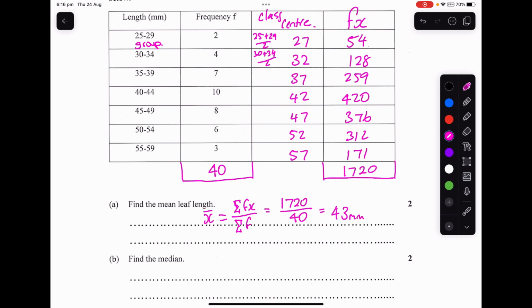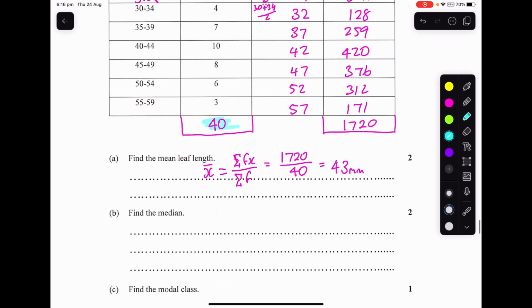So the mean leaf length is 43 millimeters. Now they've asked us to find the median. Well, we know that we've got 40 scores. So if we take 40 and we divide that by 2, we get 20. So our middle scores are going to be between the 20th and the 21st scores.